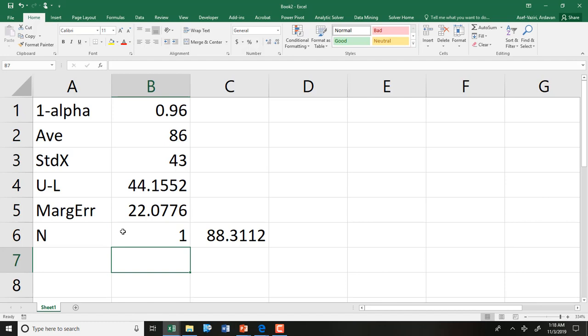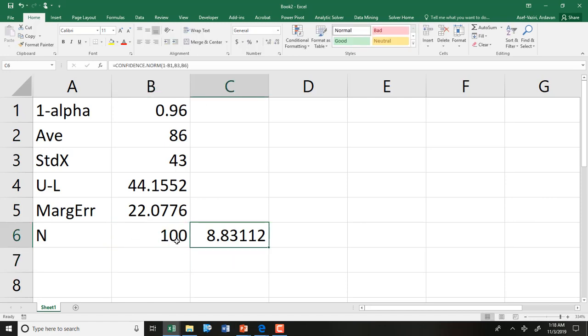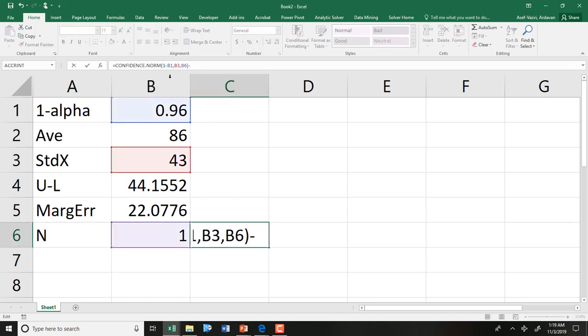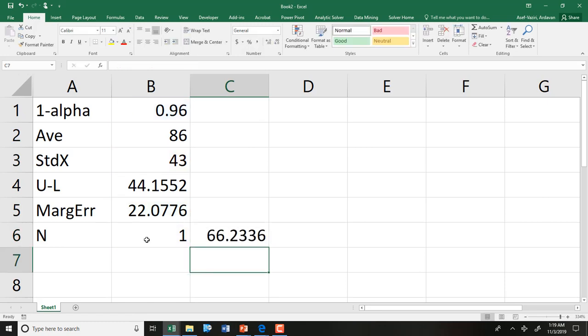This is my sample size. Now I need an estimate. For example, I may enter 100. When I enter 100, this becomes 8. When I enter 1, it is 88. If I go here and I subtract this one from this, when I enter 1, it is positive. When I enter 100, it is negative.